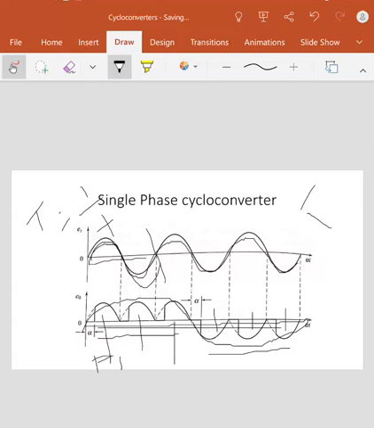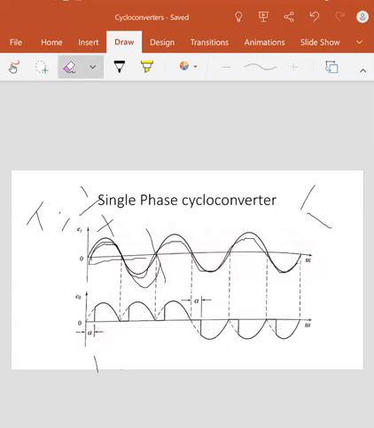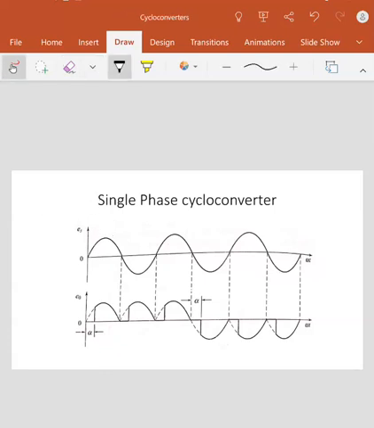Okay. Now we'll go for the next one, and this is the case whenever resistive load is there. And one more thing is, whatever the output is there, in that we can control the firing angle also. Means along with frequency we can change the output voltage also in case of single phase cycloconverter.